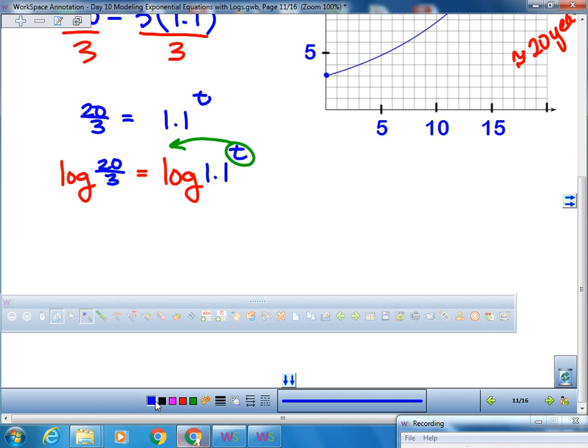So now I have log 20 over 3 equals t times log 1.1. So what's my final step? Divide by log 1.1.